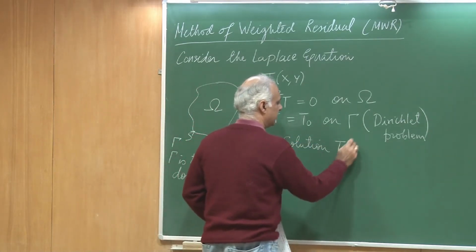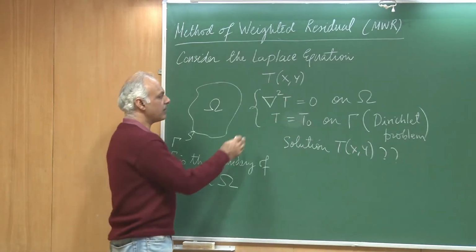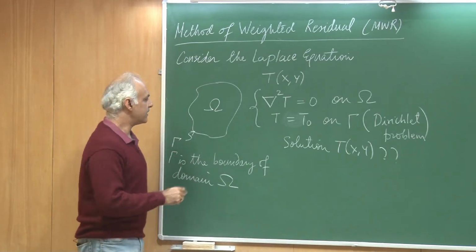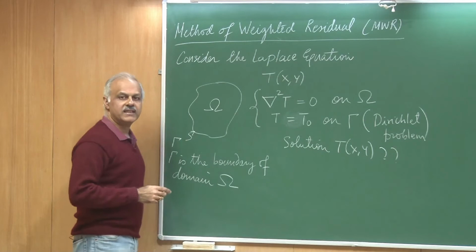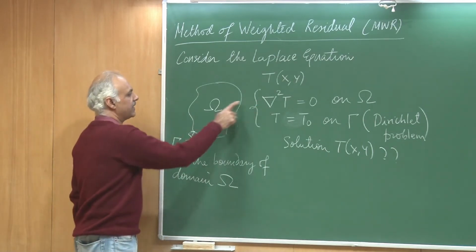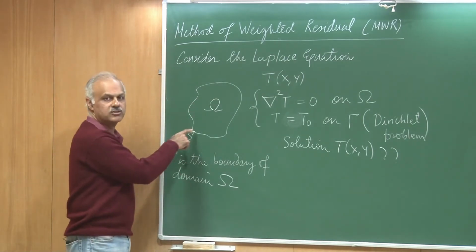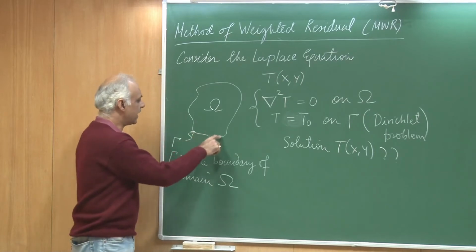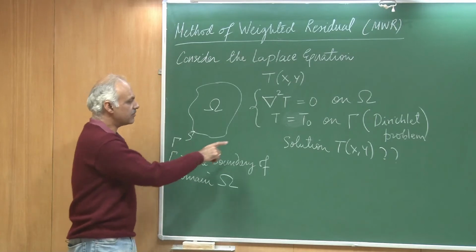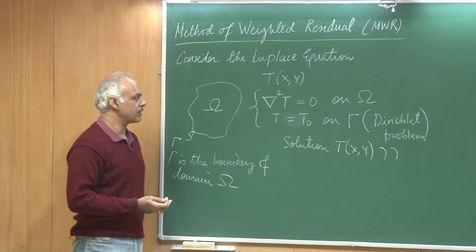So what is the solution T of x, y? The obvious way to solve this problem is that we look at this differential equation and try to solve it at each and every point inside this domain. I hope you are able to appreciate that the equation is to be applied at all points interior to this domain. Points that lie on the boundary gamma satisfy the boundary condition, so there the value of T is given to you, it is known.